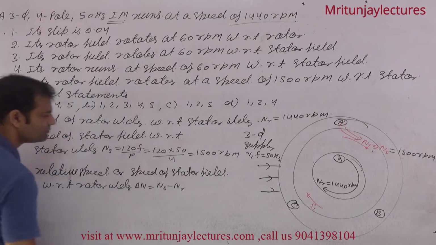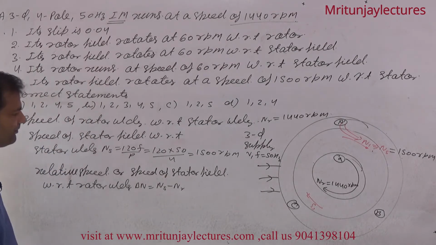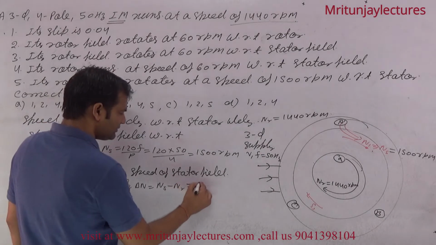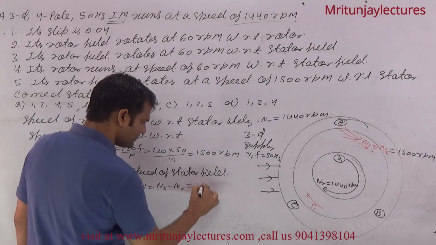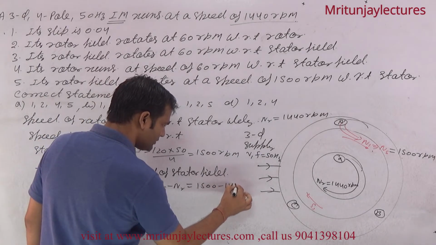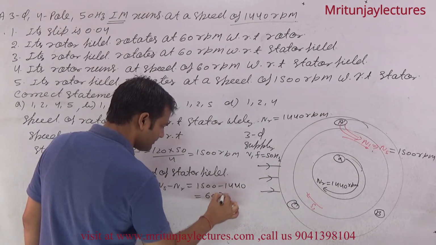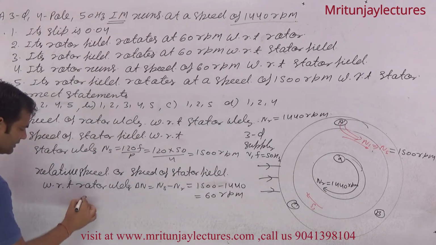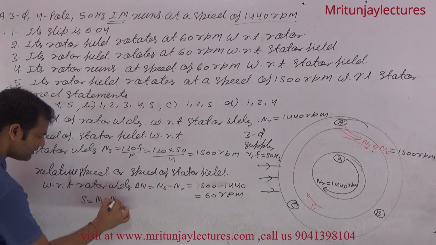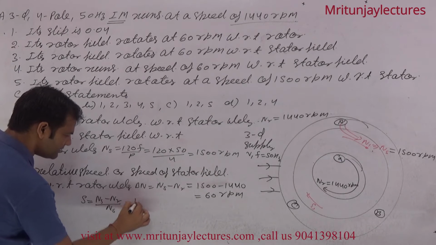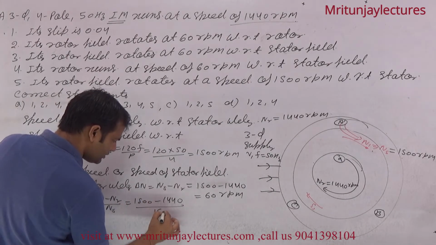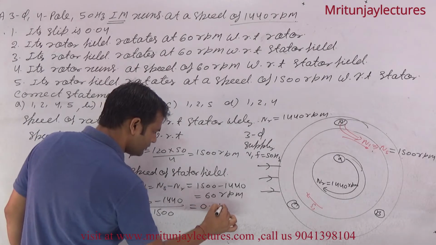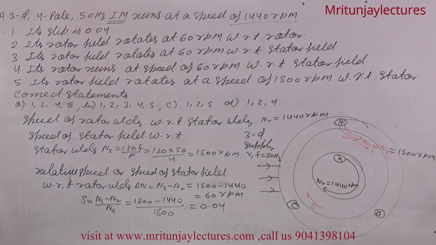This is 60 rpm, because 1500 minus 1440 is 60. Clear? What about slip? Slip is Ns minus Nr divided by Ns, that is 0.04. Clear? Slip is 0.04, so the first one is correct.